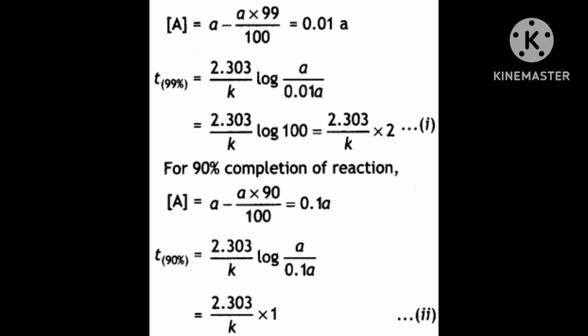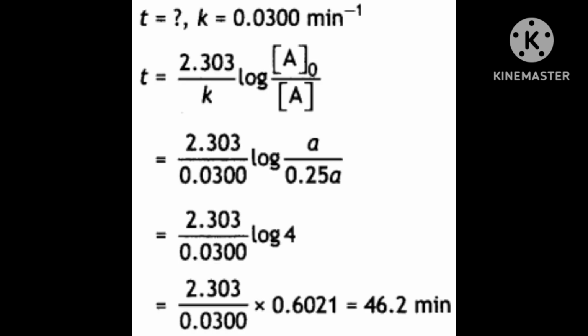Then you will get 2Pi minus PT: Pi plus Pi is 2Pi, minus PT. Since the bracket is removed, minus comes plus, then Pi plus Pi, 2Pi minus PT. That is the partial pressure of gas A, correct?